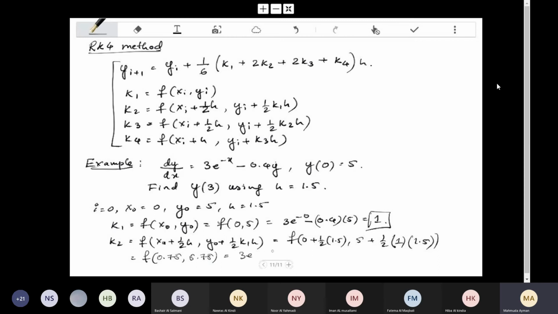If we put that in the function, we have 3e to the power minus x minus 0.4 times y, which is equal to minus 0.8829. That's the value of k2.